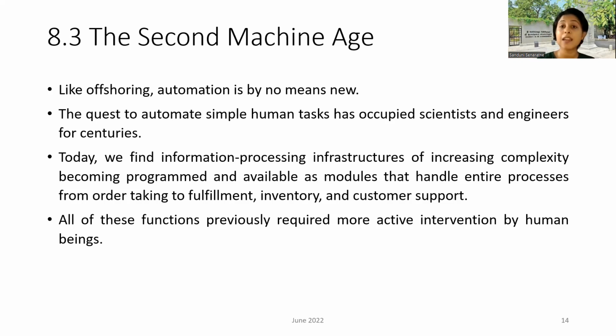These tasks can all become increasingly programmable in the modern context. But in the earlier instances of development, these kinds of functions required a lot of intervention by humans. Increasingly, humans are being replaced in these areas, right?